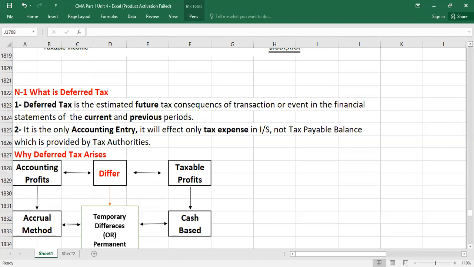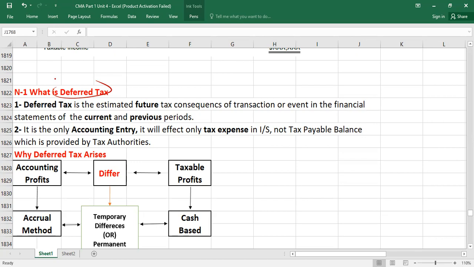So, what is the deferred tax definition now? Deferred tax means you have recorded certain transactions in the current year or in the past year, but due to these transactions you would pay tax in the future or you would receive tax in the future.